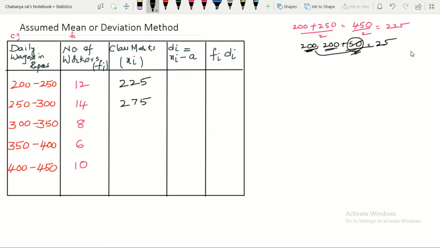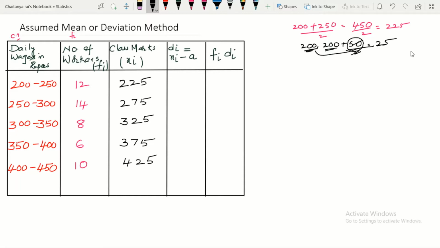Similarly, I add 50 to 275, that becomes 325, and to that we add 50 and this becomes 375. The last class mark is 425.